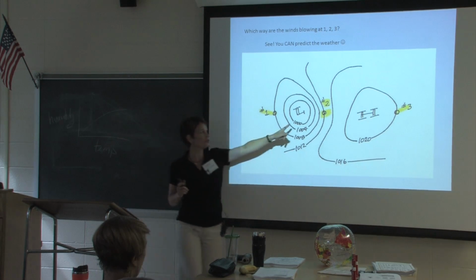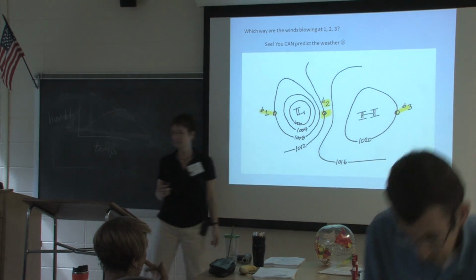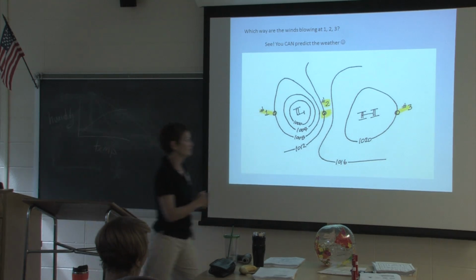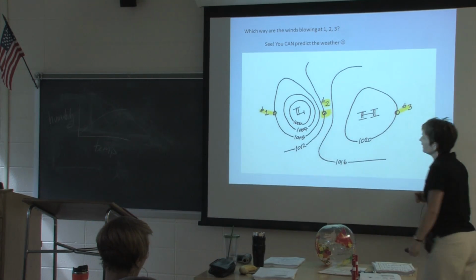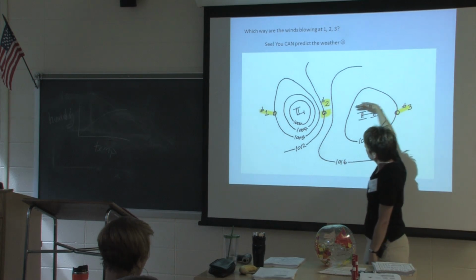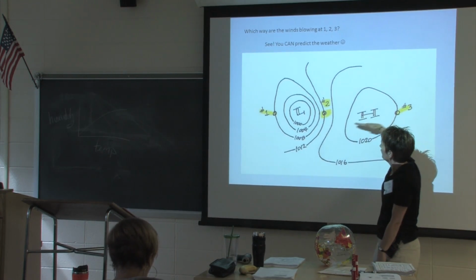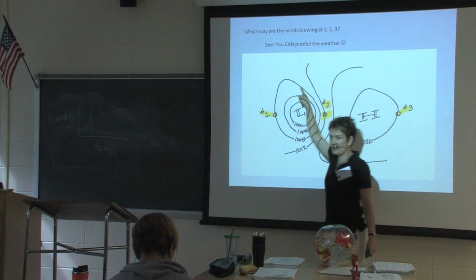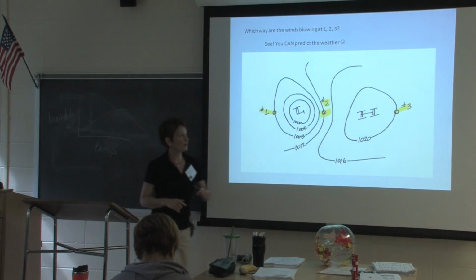What about at point 2? Southeasterly. Yeah, you guys got it, right? So pressure gradient force pushes us this way. Coriolis force deflects us this way. So our wind would be coming from the southeast. What about number 3?